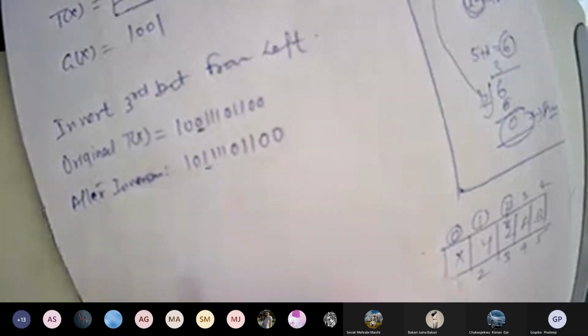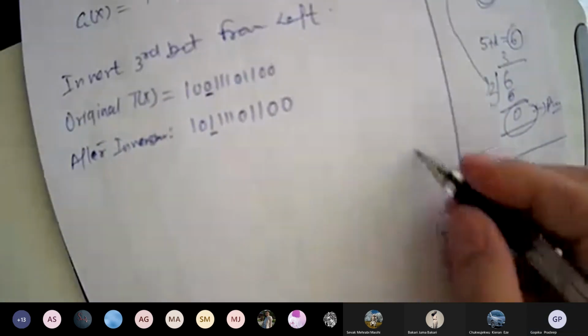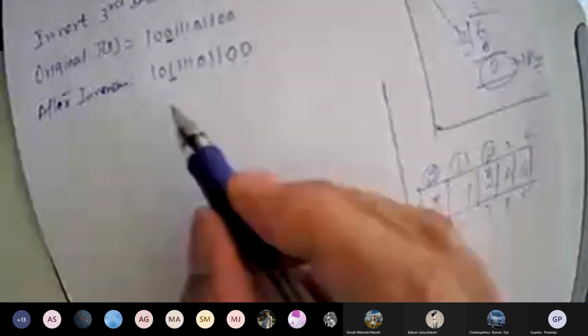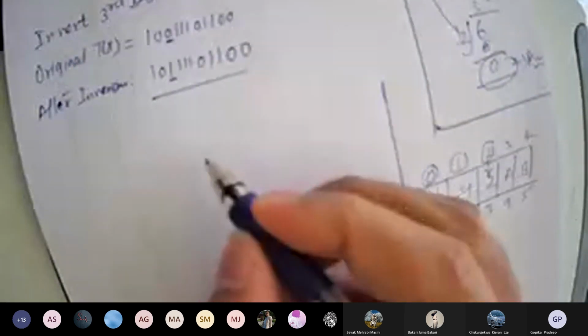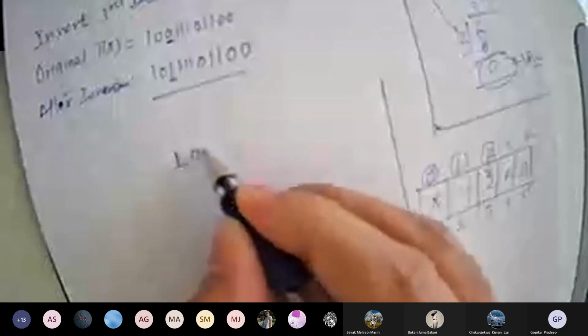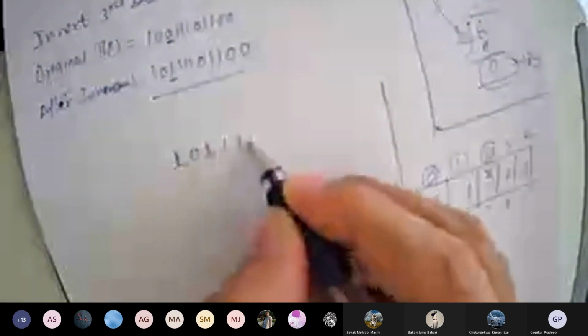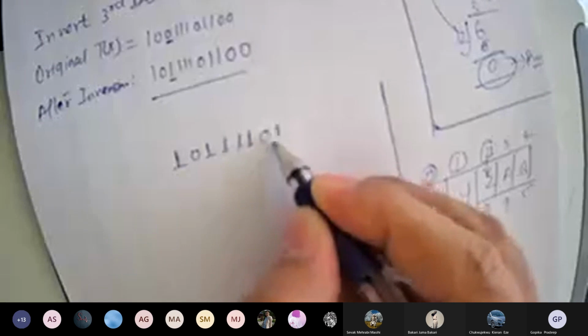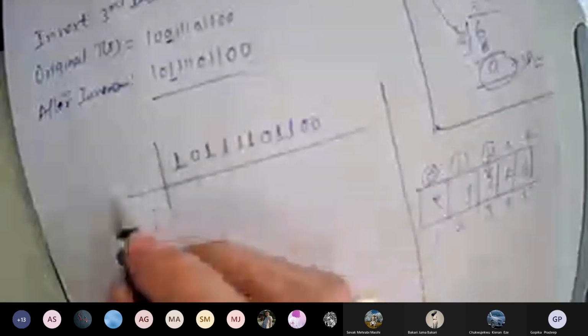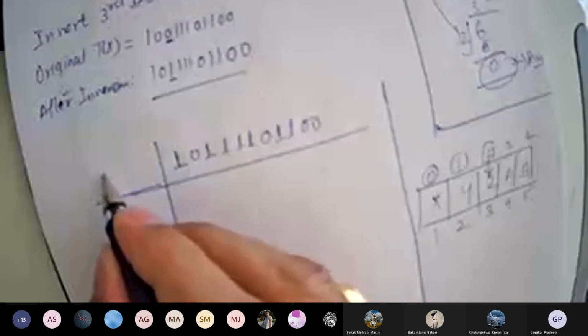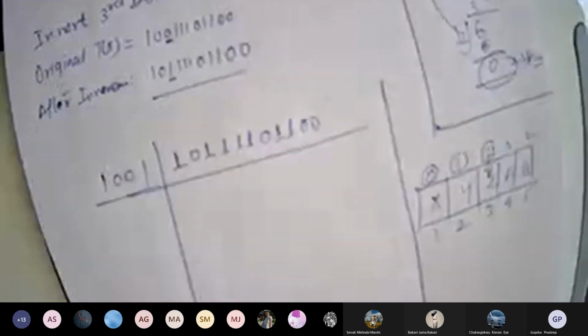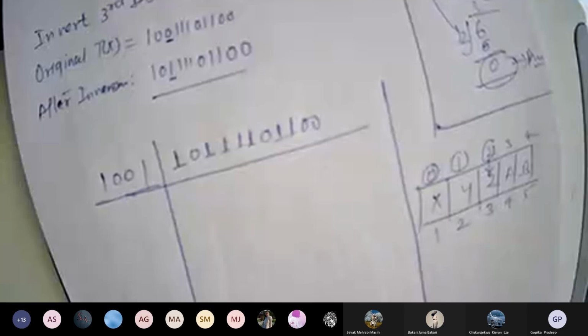Now what you do is divide this, 10111101100, by your generator polynomial. What was that? 1001. If the remainder is 0, it means there is no error. If the remainder is something, it means there is an error.